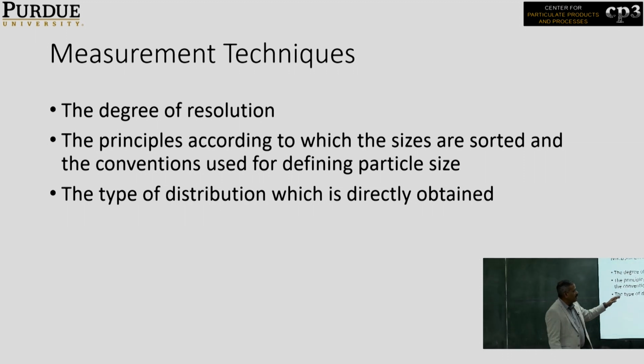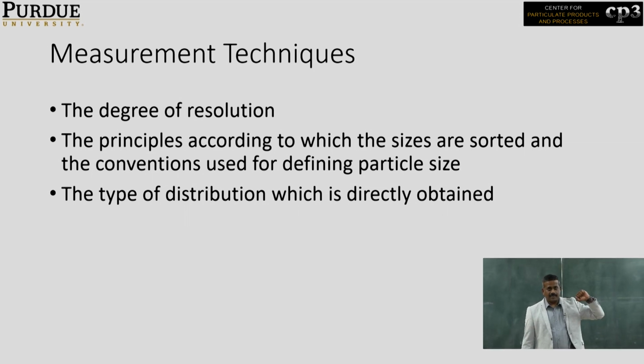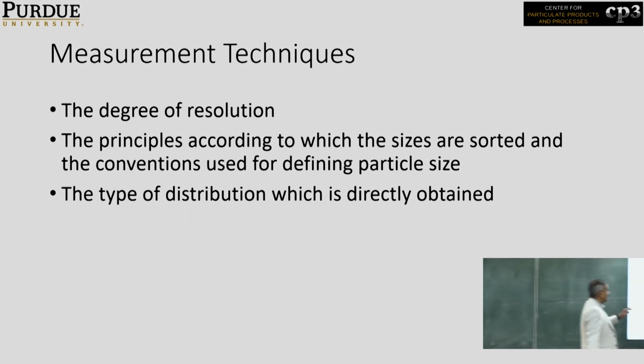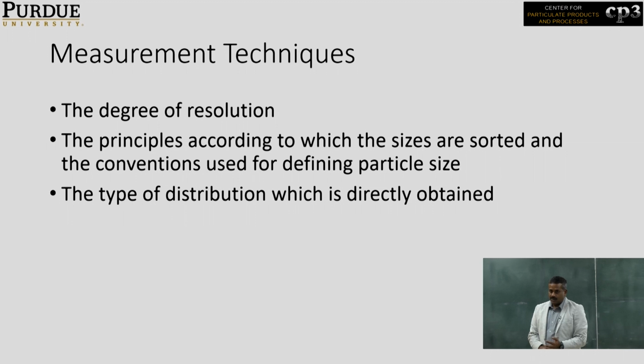Okay. Again, the principles that different techniques use are not the same, right? That depends on the type of instrument that we use, and the type of distribution that we get is also not the same, right?